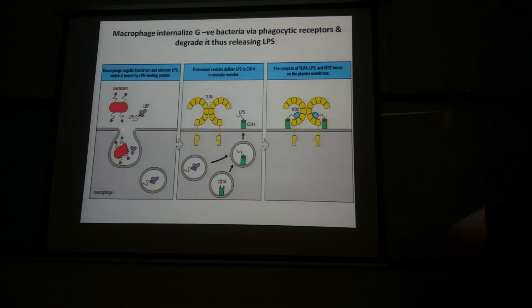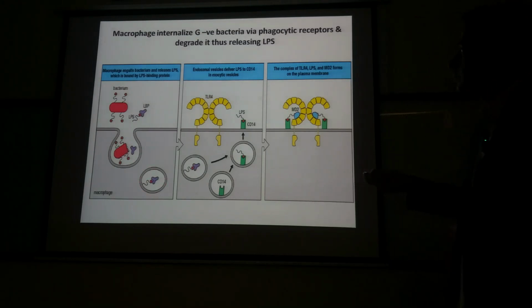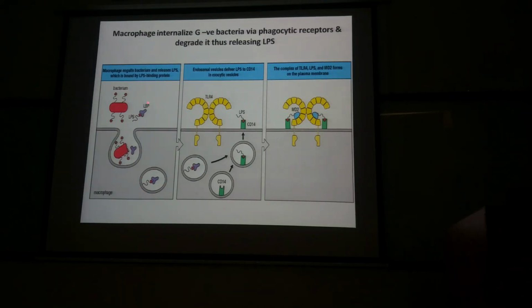When the bacterium would be engulfed here, now it's here in the endosome. Okay, this particular peptide that you see here, LBP, this is a soluble lipopolysaccharide binding protein, LBP. Okay, this is present there in the tissues normally. When it comes in contact with some bacterial parts, it can bind with them.